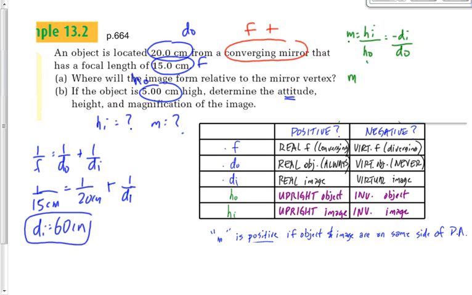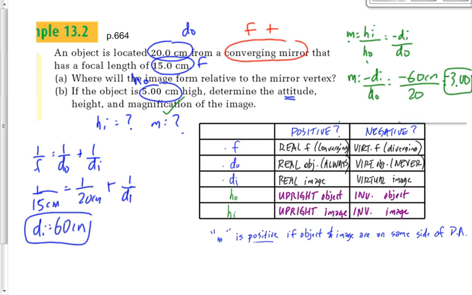But I do know what di and do is. Di is 60, so it becomes negative 60. If di had been negative 60, then this would have been positive. Do was 20, so m is going to be negative 3.00. There's my magnification.